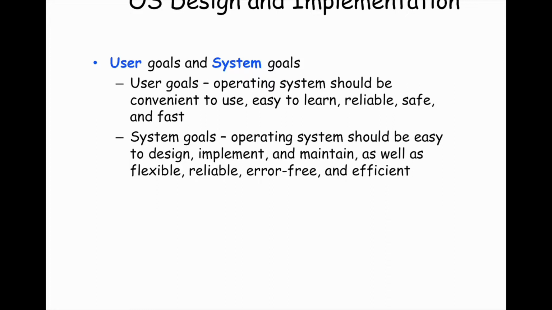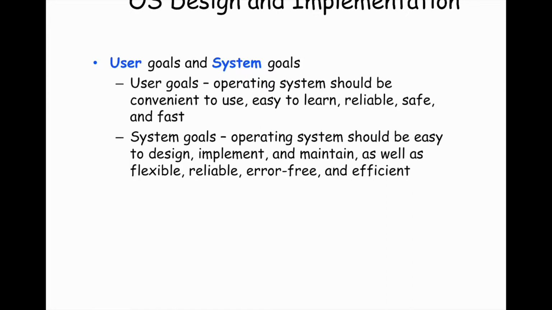Maybe you have, but probably not. So a lot goes into making them reliable, right? You can't have bug fixes that you have to upload every month on a car. It just wouldn't work, right? So this part about maintenance and error-free and efficiency, that's a system goal, right? When you're trying to implement this.